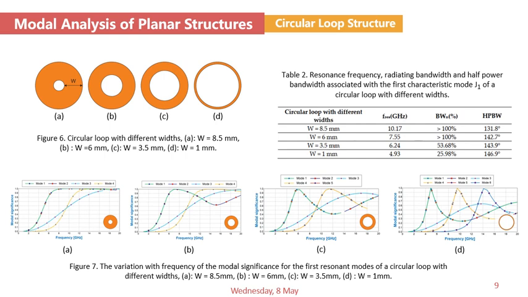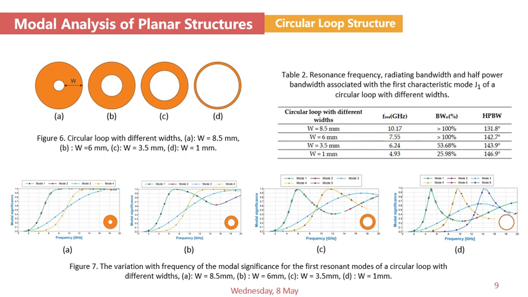Table 2 summarizes the results associated with the first mode of the studied structures according to the plot of the modal significance. The results show that the first mode, G1, of the circular loops with widths equal to 8.5 mm and 6 mm, are broadband radiators with associated radiation bandwidth bigger than 100%.